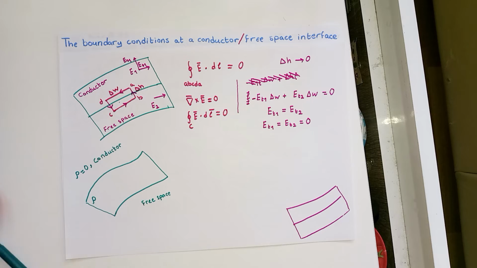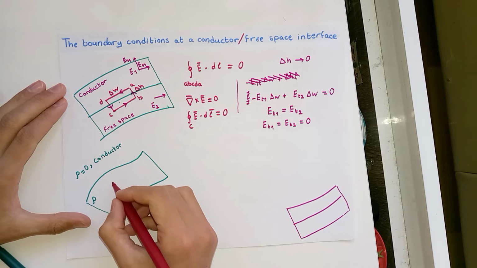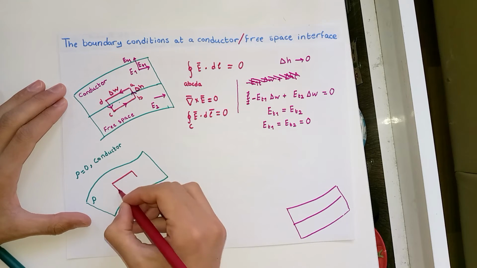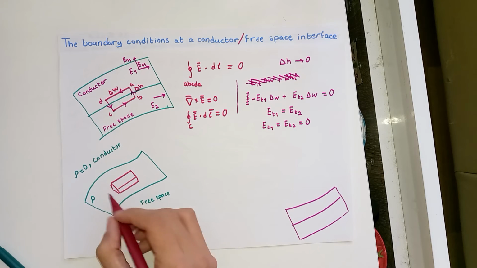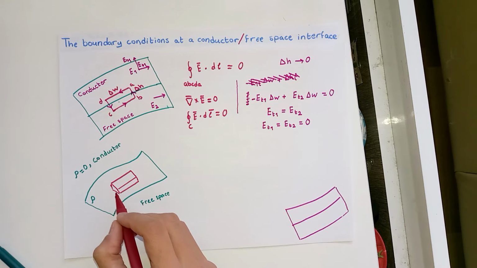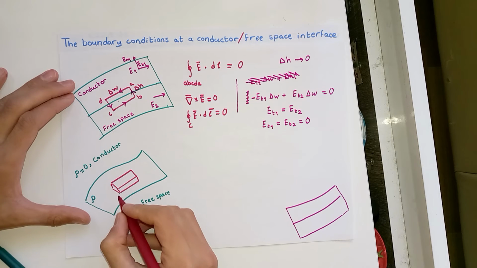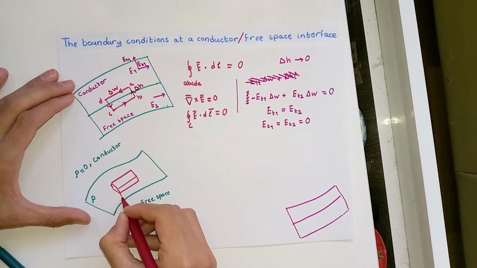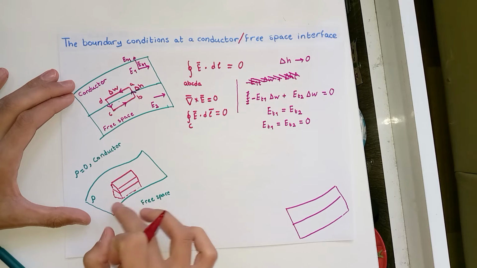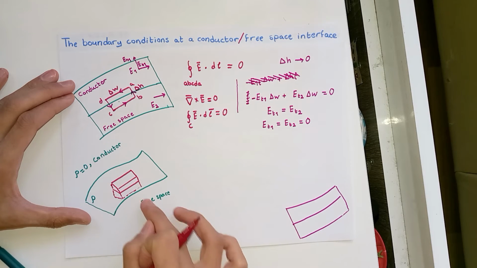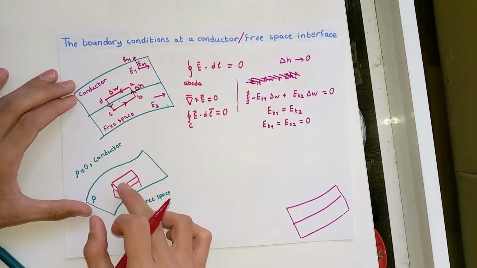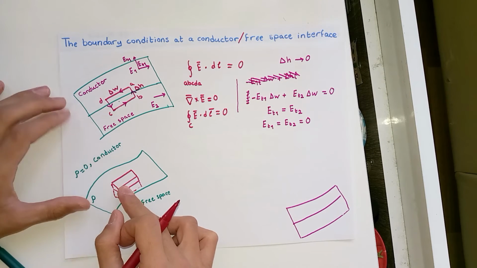I'm going to draw a pillbox. This pillbox stands on this surface and it extends below it. Okay, I'm going to draw it. The shaded box is this piece of the box which is below this surface, and the other one is above it.